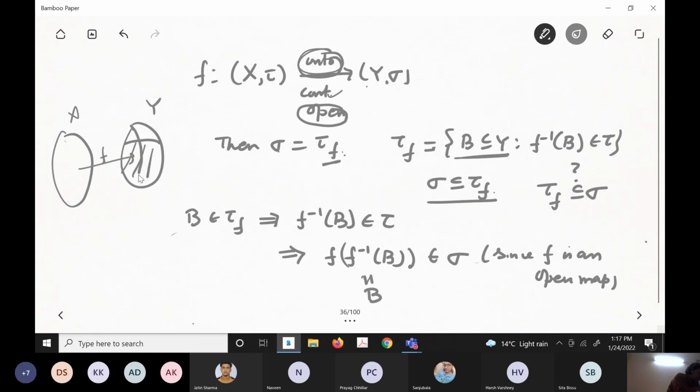If you take this V, then when you have F inverse V and then take F, you will be able to cover only this much, not the whole thing. But if it is onto, then you will be able to cover the whole thing. So F is onto, so V belongs to sigma. V belongs to tau F implies V belongs to sigma. So that is true. I have used everything: onto, continuous, open. So this will be a quotient topology. That's exactly what Aliprantis 20C did. But this is very important.